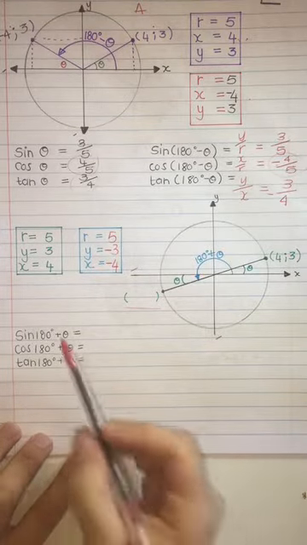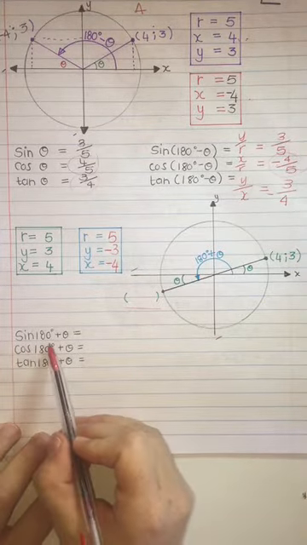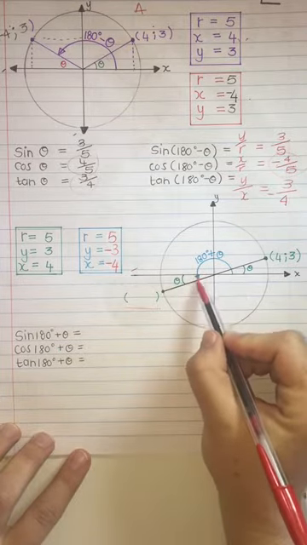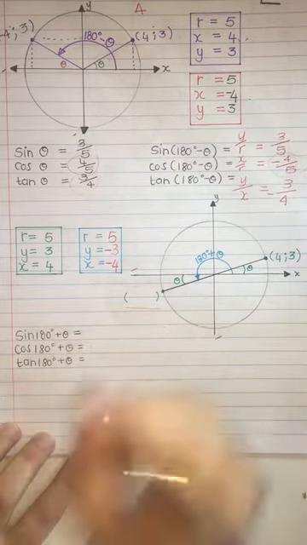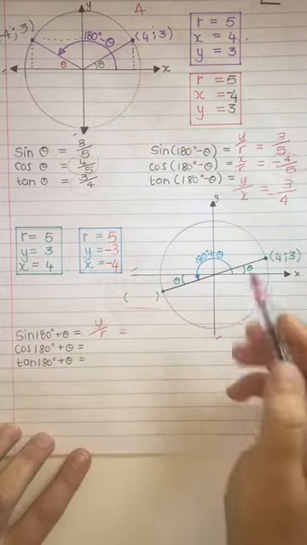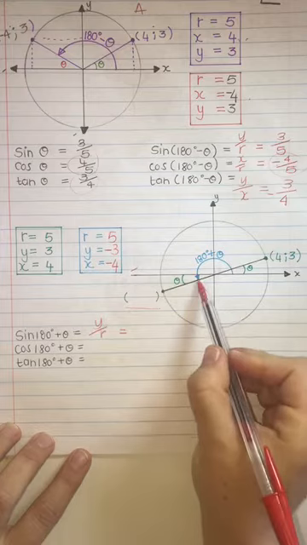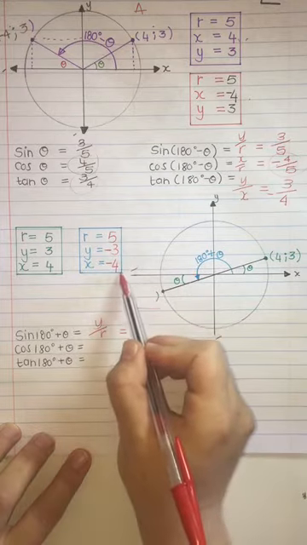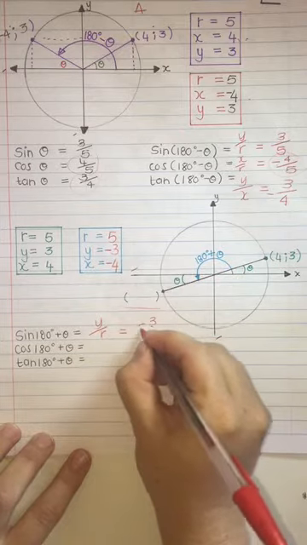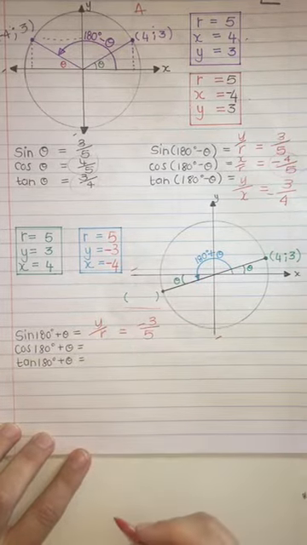So sine of 180 degrees plus theta, so sine of that angle. Sine is y over R. We're going to use this angle, guys. We're working with this one, so we're going to use this block. Minus 3 over 5.